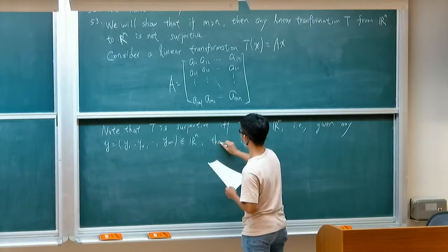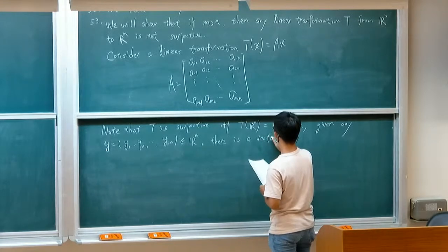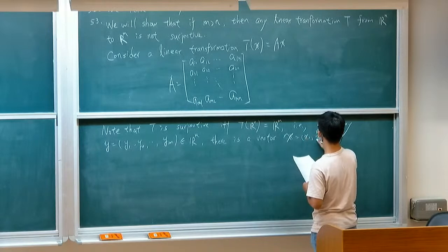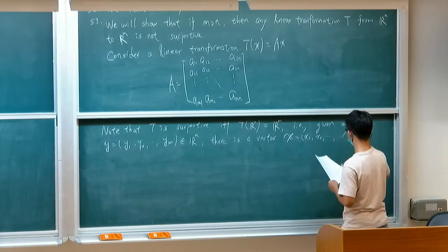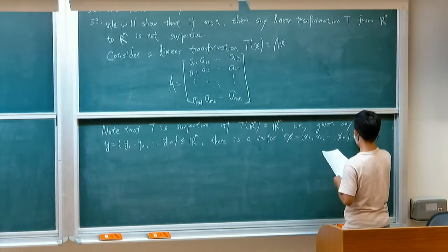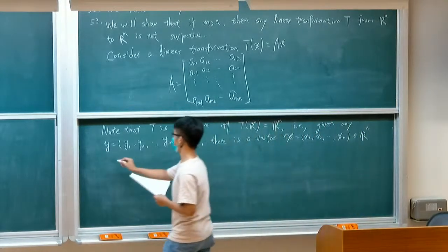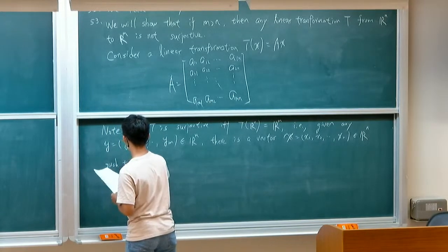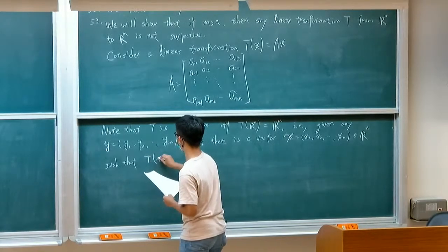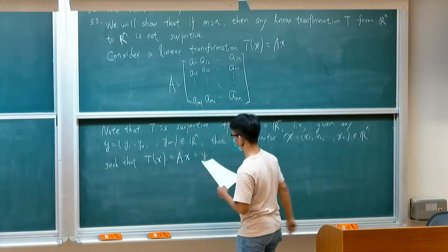Then there should exist a vector x such that T of x equals Ax equals y.